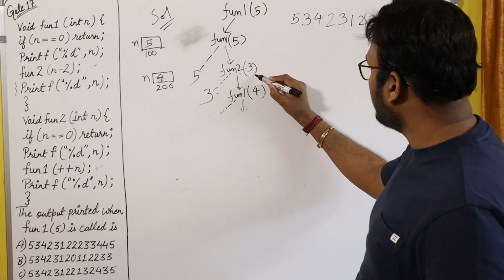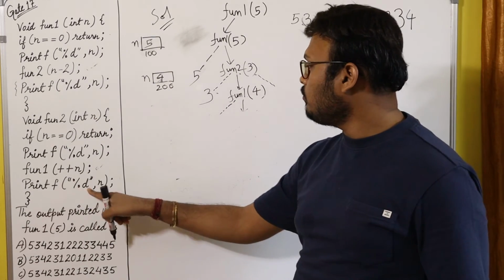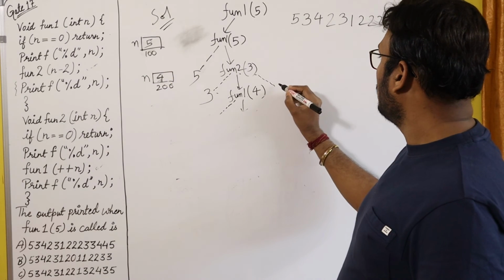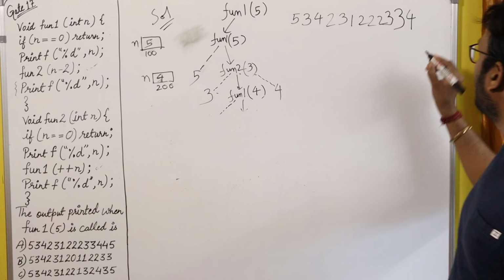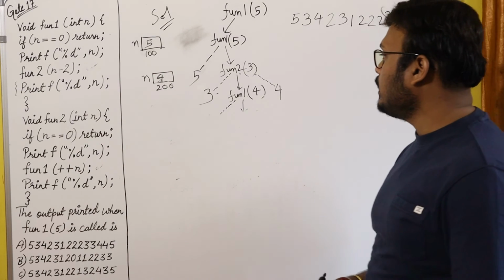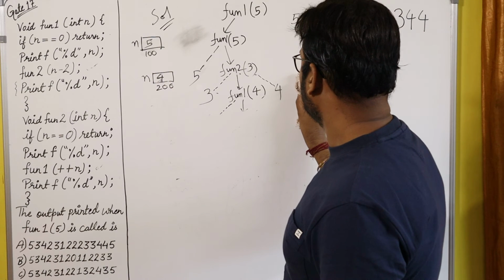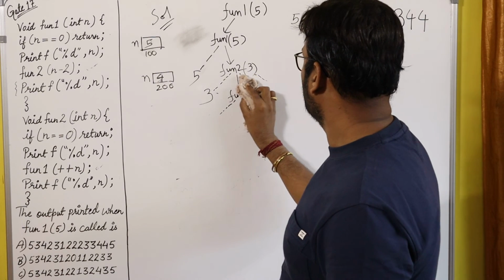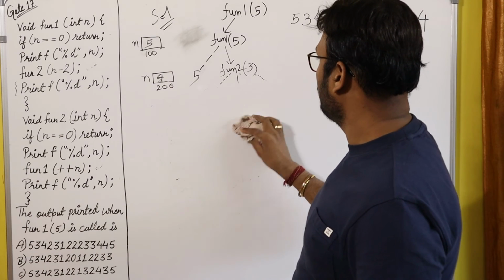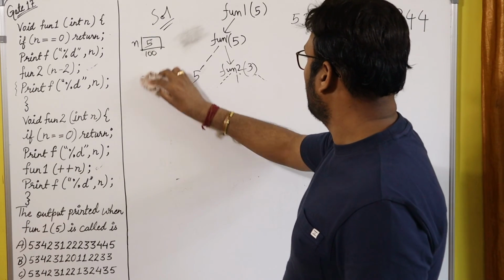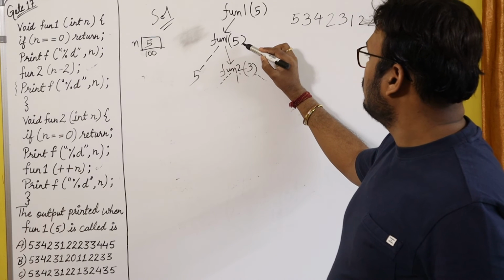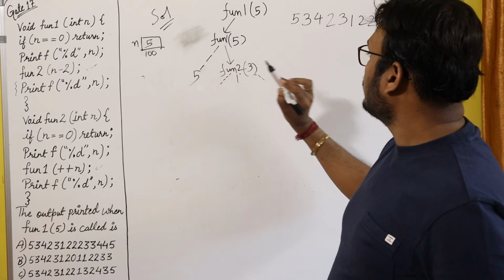So function 2 will execute the printf statement, printf n. What is the value of n for function 2 now? 4. So here now 4 will get printed. So this part is also over. Let me rub this.